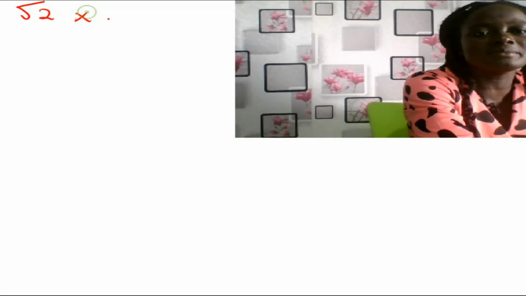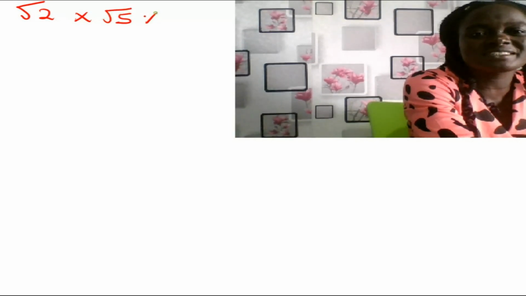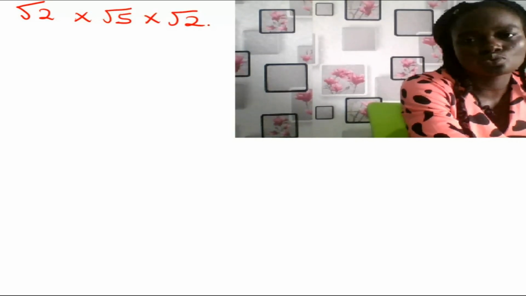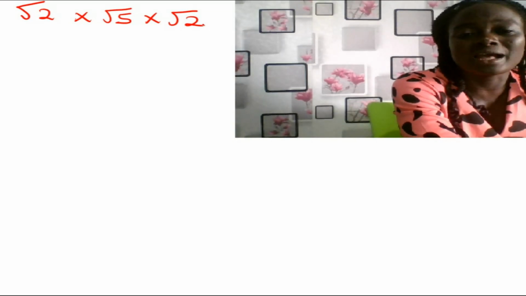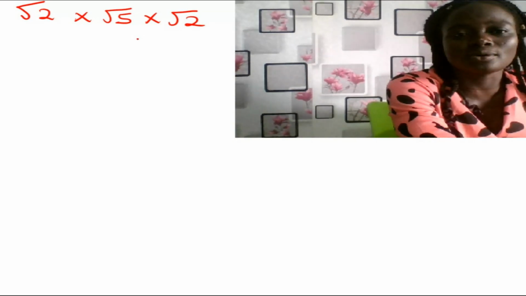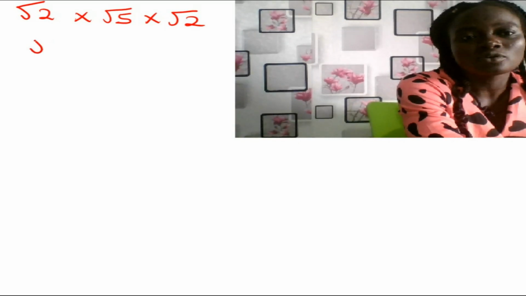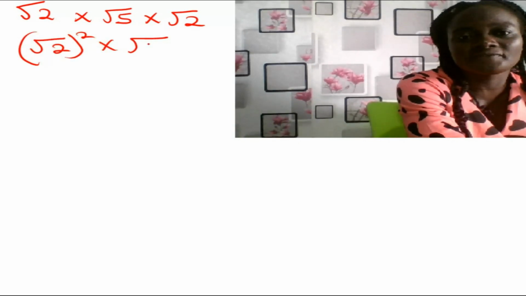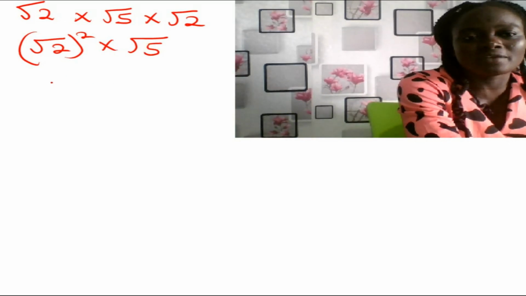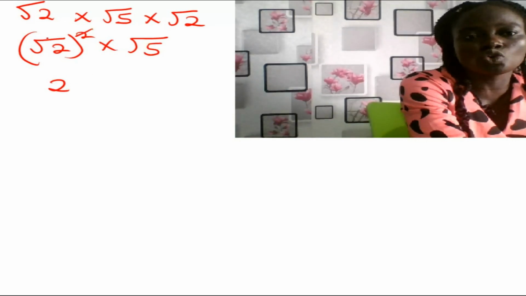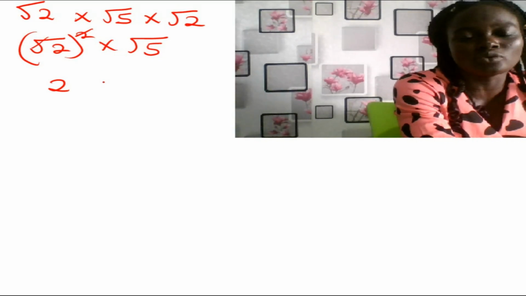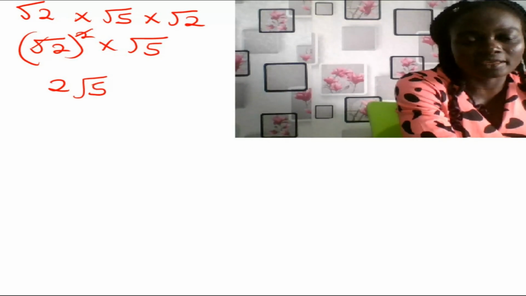And so we are going to have root 2 times root 5 times root 2. When you have this, you can simplify. Having this gives us root 2 all squared times root 5. And this will give us 2, because the square cancels the root sign. So we're going to have 2 root 5.